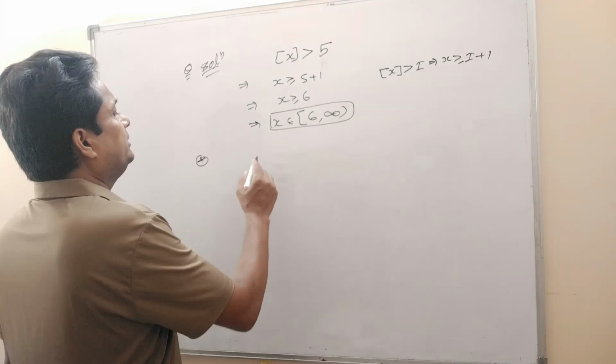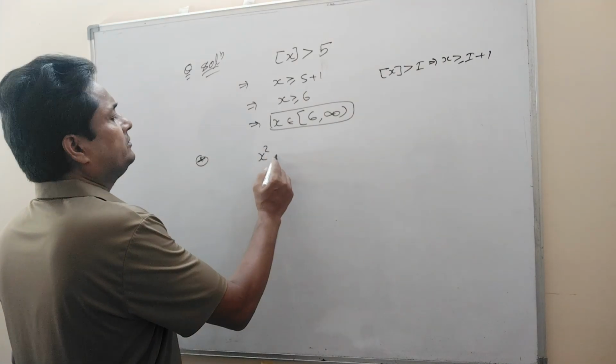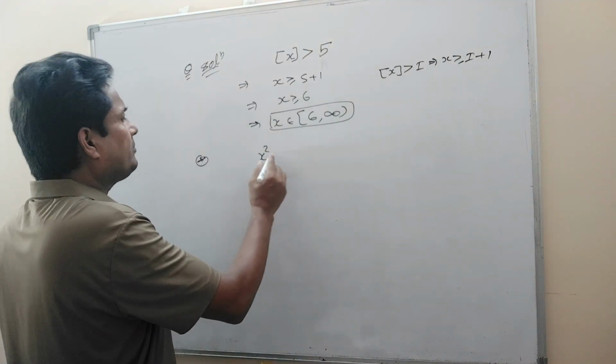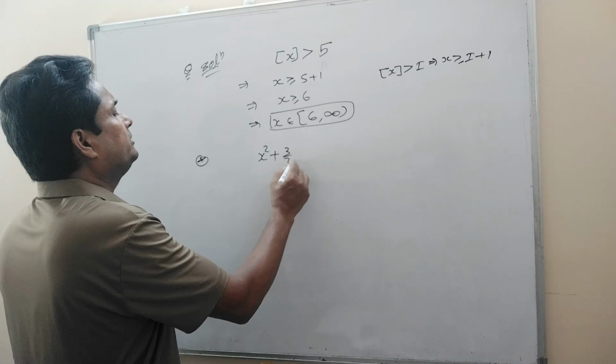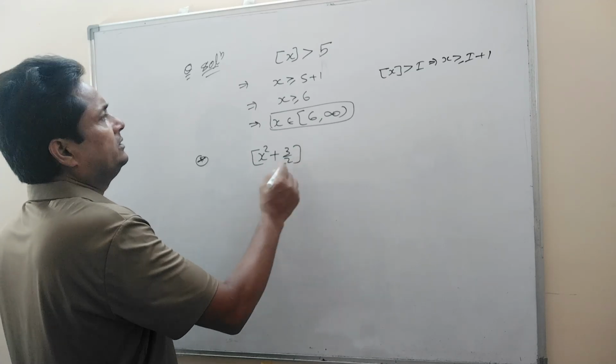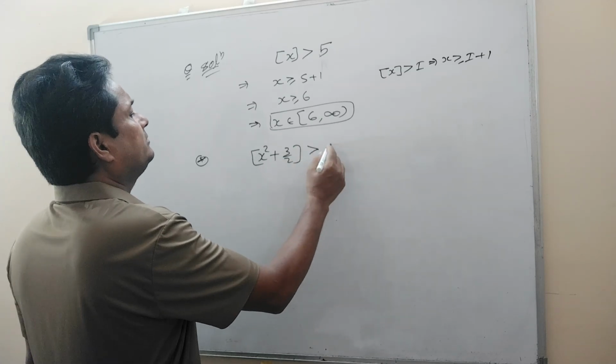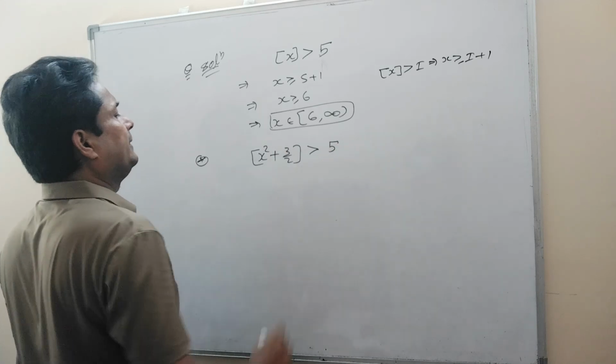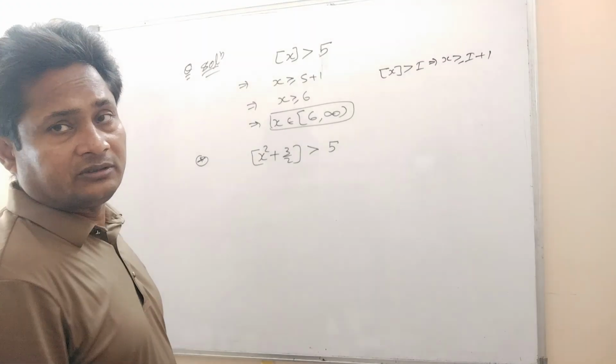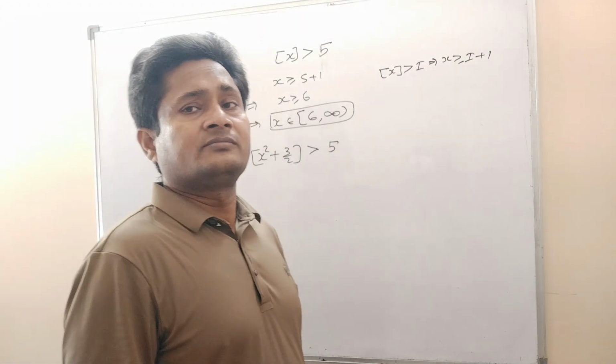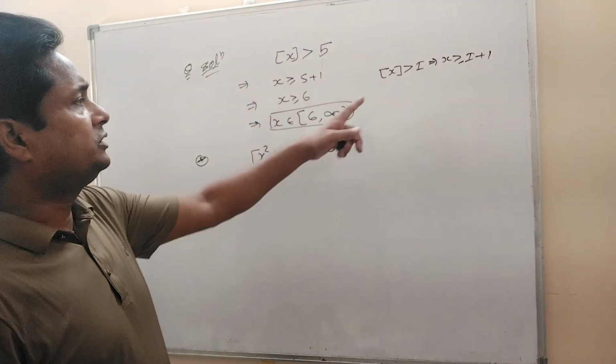Next one, let's say greatest integer of x square plus 3 by 2 is greater than 5. Then what will be the solution in this case? So use this property.